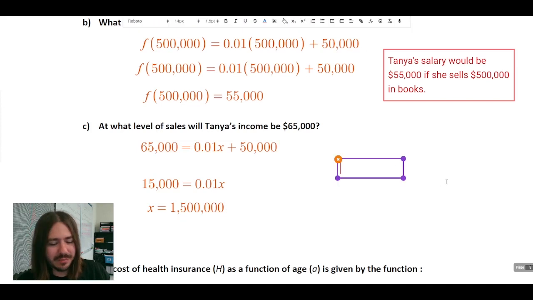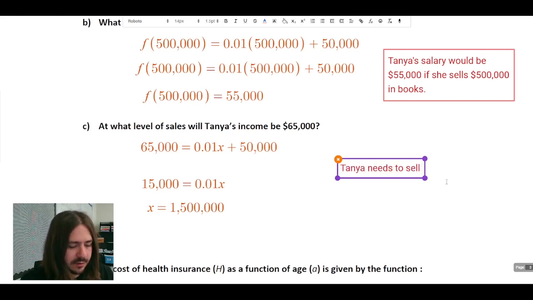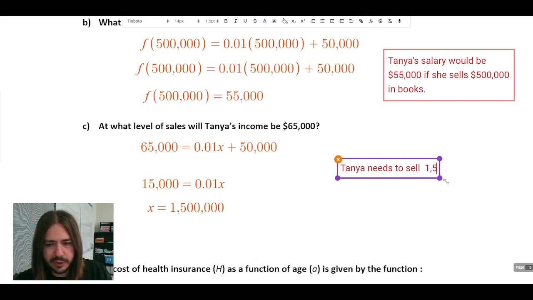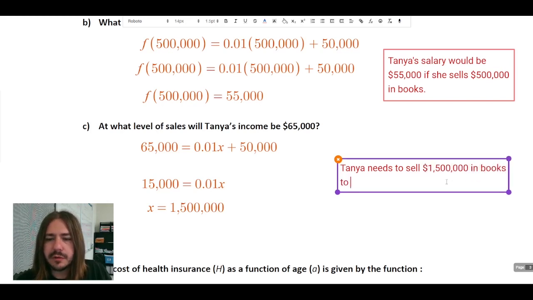Doesn't really seem like she gets that much of commission. I don't know how much a book salesman makes, if this is just crazy, or if this is like Amazon, who knows? Anyway, Tanya needs to sell $1,500,000 in books to make $65,000.